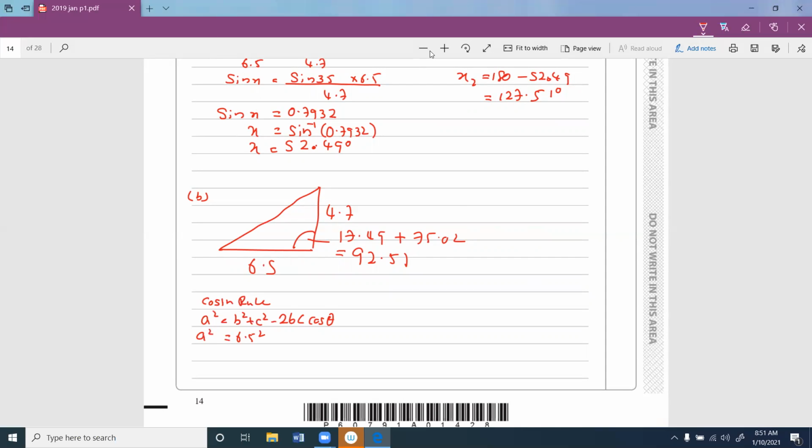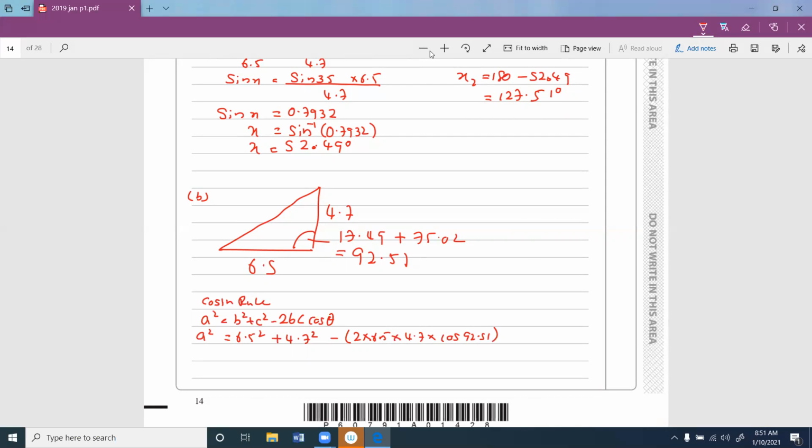There is no preference which is b and which is c, so you can use any of them. 4.7 squared minus, put a bracket over here, it makes it much easier to understand, 2 into 6.5 into 4.7 into cos 92.51.